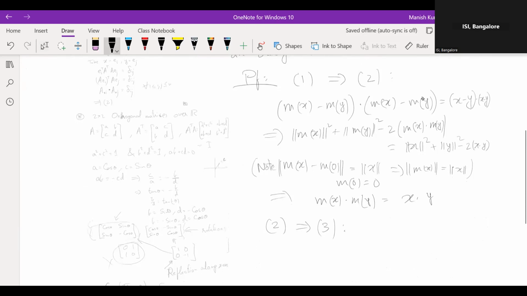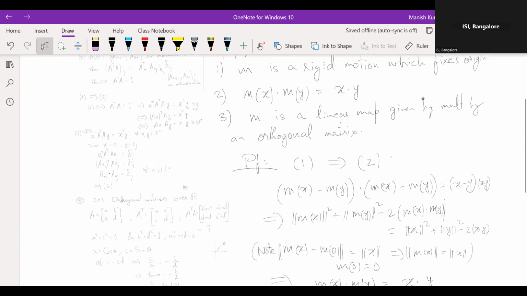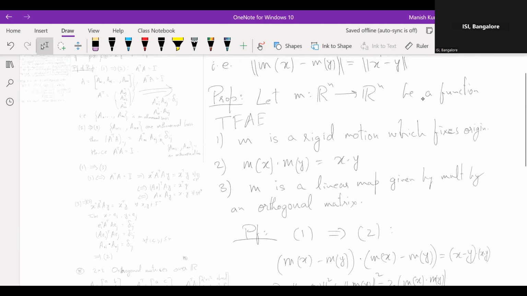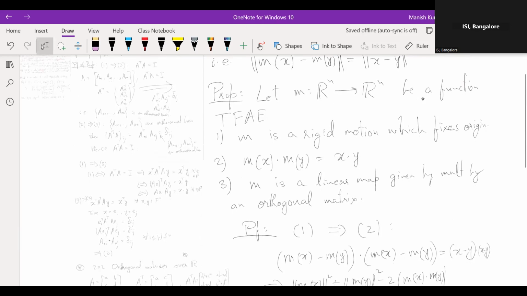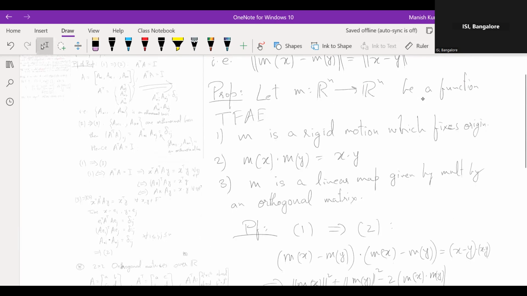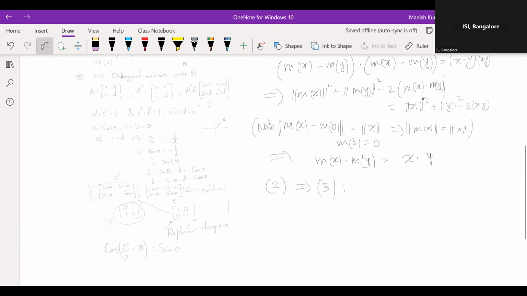So let's just try to do 2 implies 3. We have M, a map from Rn to Rn, such that the inner product is preserved. From there, we want to show that it's an orthogonal matrix. A similar sort of proof. I'll have to make a matrix.